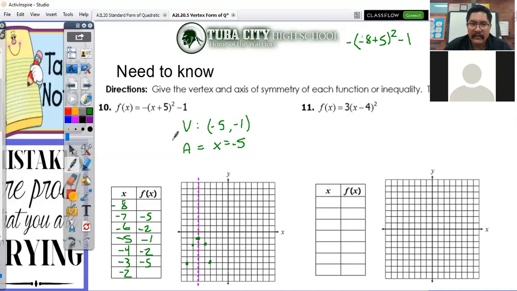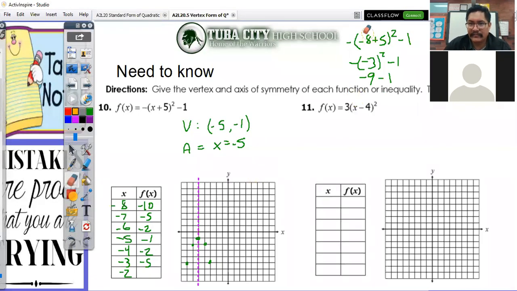All right, so I'm going to put in -8 and evaluate it. -8 plus 5 would be -3. So -3 squared. This would be 9, because -3 times -3, and that'd be 9, minus 1. So this would be 8. And we can't see that on the graph. It would be too low.